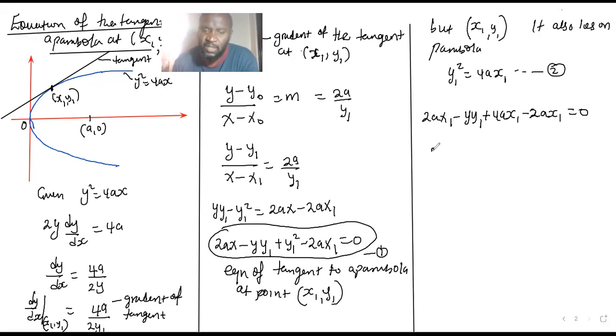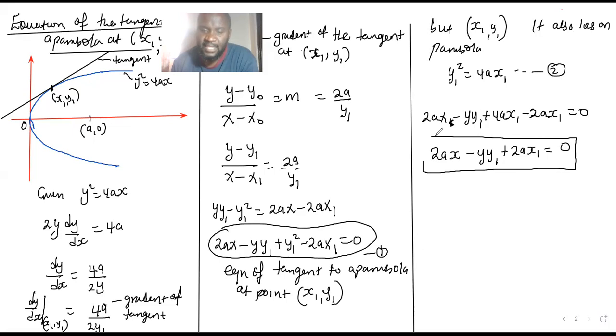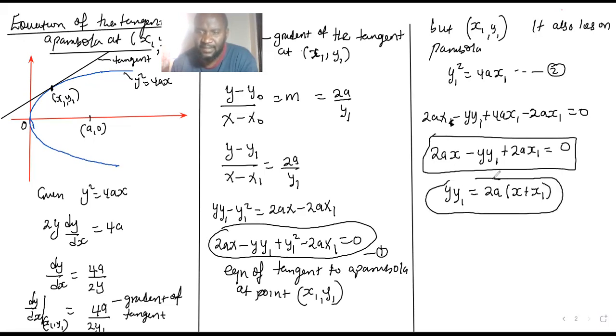One can also conclude that 2ax minus y1 plus 2ax1 is 0 is also an equation for a tangent to the parabola. And one can say y1 is equal to 2a brackets x plus x1 is the equation of the tangent to the parabola. This is also correct. So all those are correct.